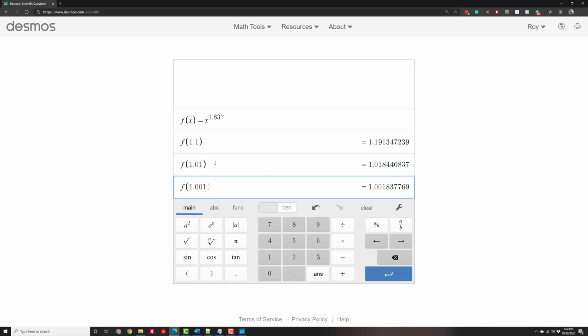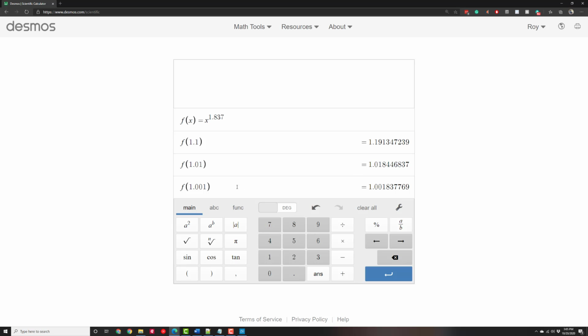Our approximation for 1.01 was 1.01837, and we have the true value 1.018 and then 4. So we got it exact out to 3 decimal places there. We're only off by 3/10,000ths of a unit.